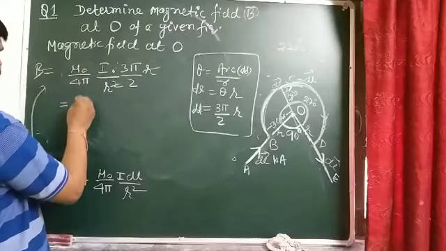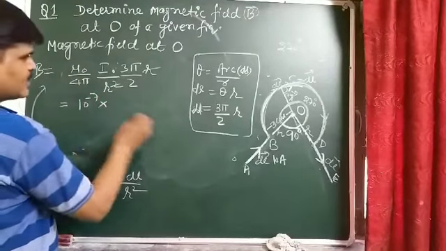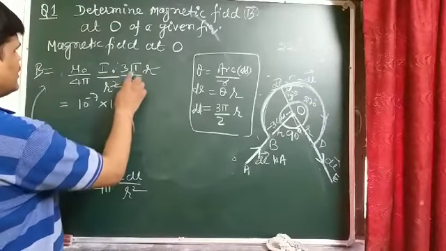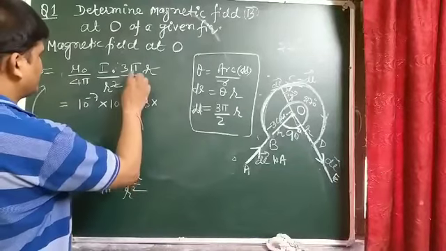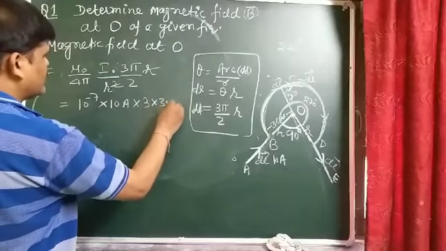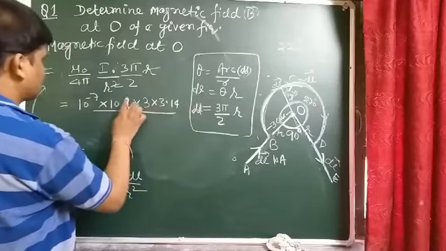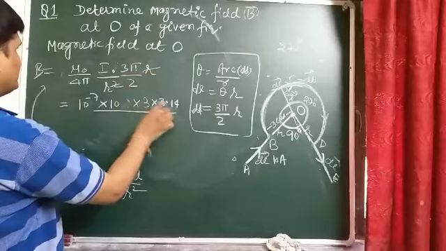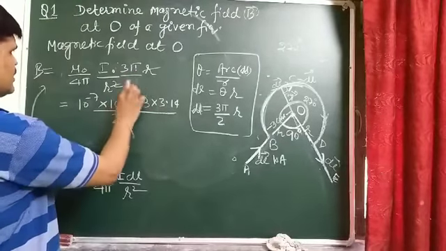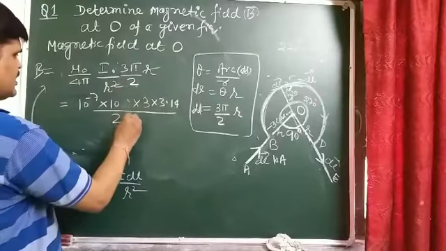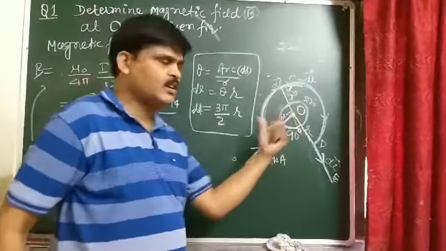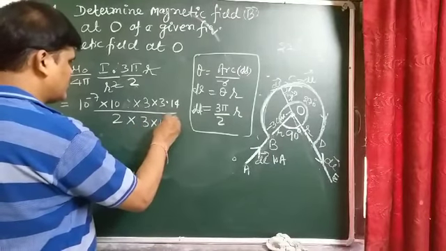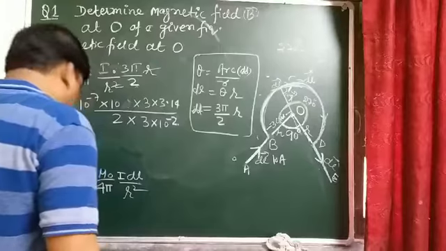Putting the value of mu naught by 4 pi as 10 to the power minus 7, current flowing is 10 ampere, and pi is 3.14, 3 by 2, and one r is there, and r is given as 3 centimeter, and converting centimeter into meter, it comes out to be 3 into 10 to the power minus 2.